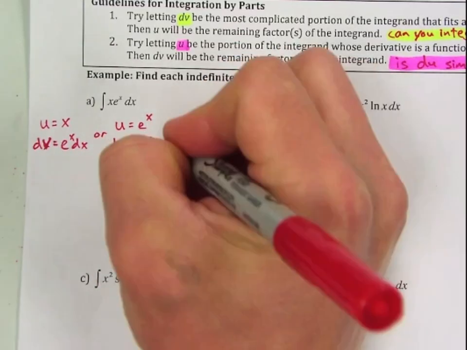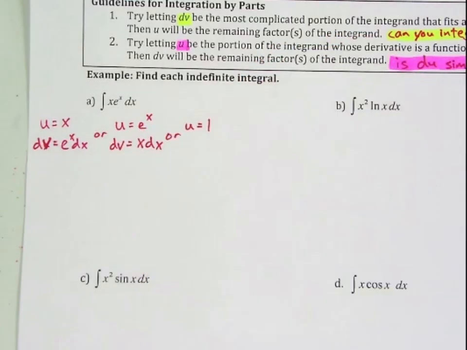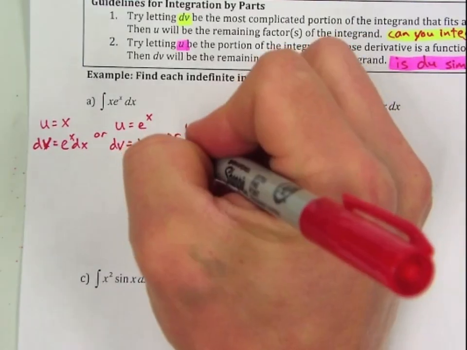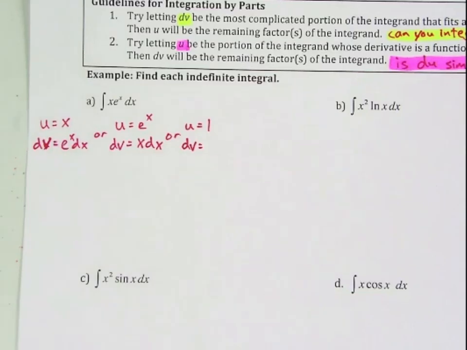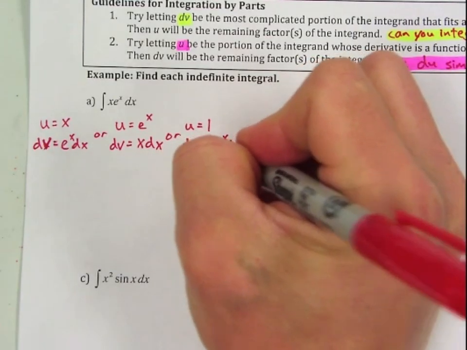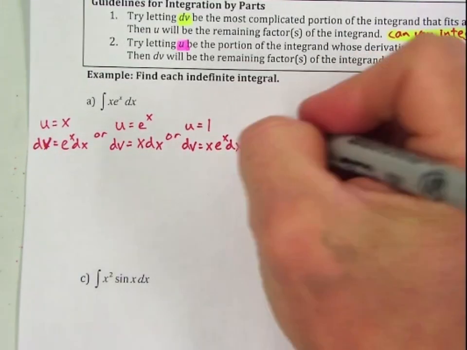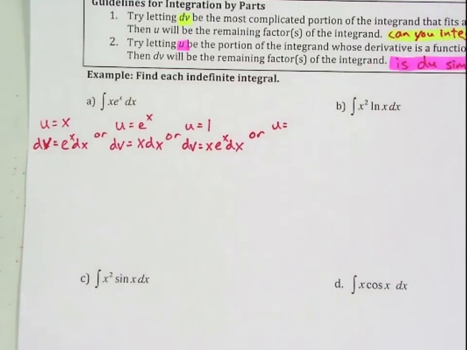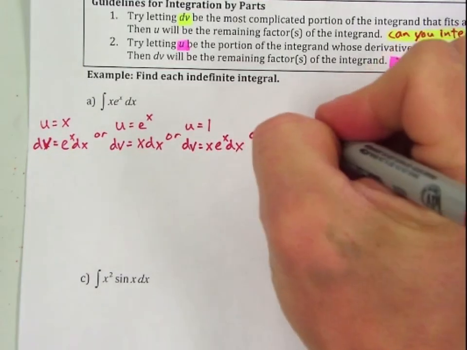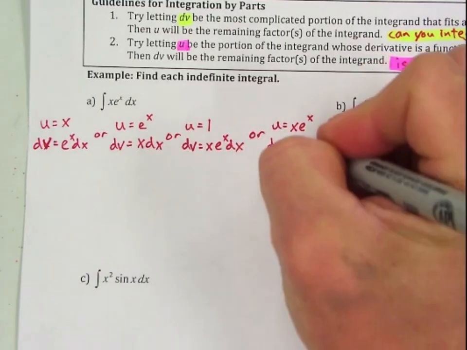Or, here's a weird one, u could actually equal 1. In that case, dv would be x e to the x dx. That's an interesting way to do it. Or there's one other possibility: u equals x e to the x, and then dv would equal dx.